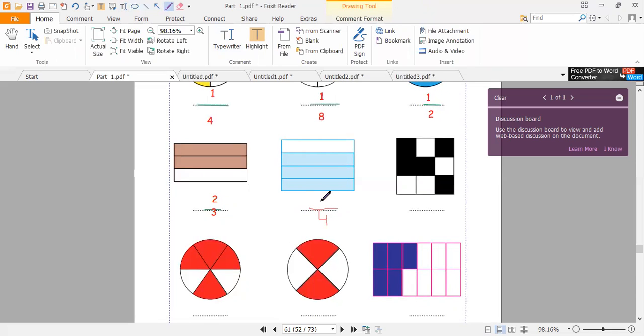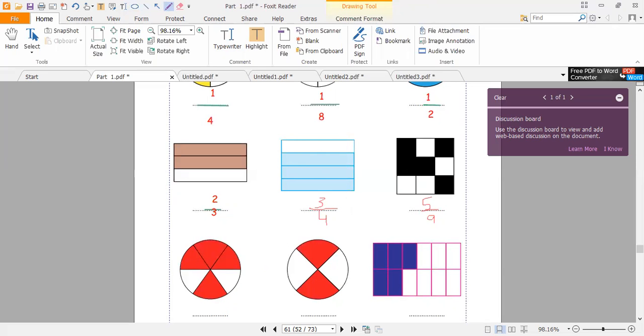And how many colored parts? 3. So how will I read it? 3/4. Now here 1, 2, 3, 4, 5, 6, 7, 8, 9. I have 9 equal parts. What about the colored parts? 1, 2, 3, 4, 5. So the answer is 5/9. Ninths, THS.